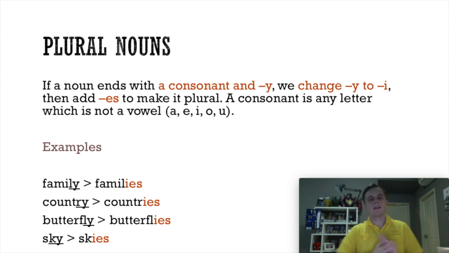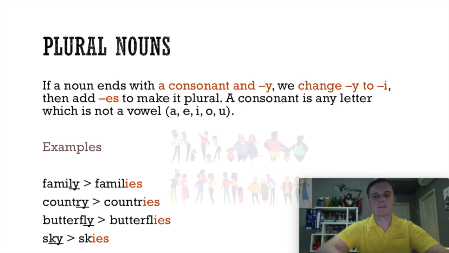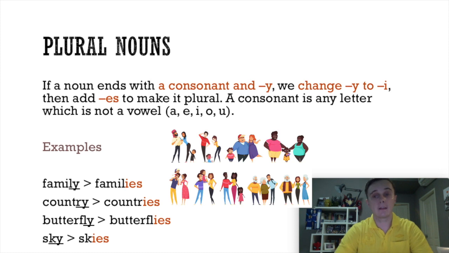So look at these examples. Family. Family ends with l-y. L is a consonant. So I change the y after the consonant l to i, and then I add es. So family becomes families.